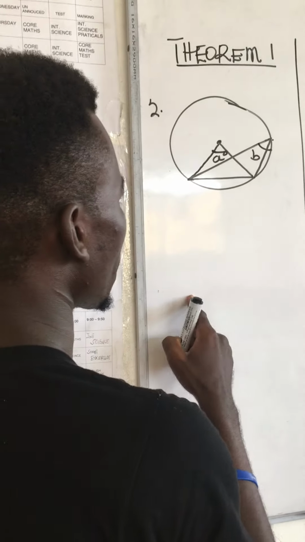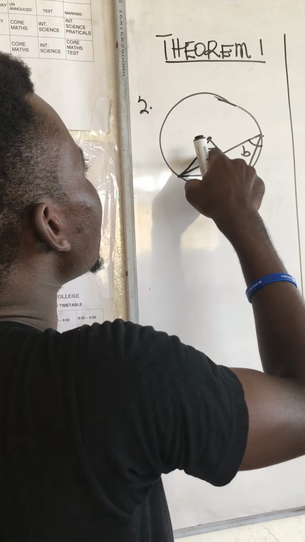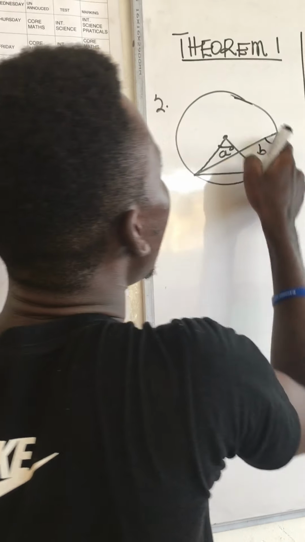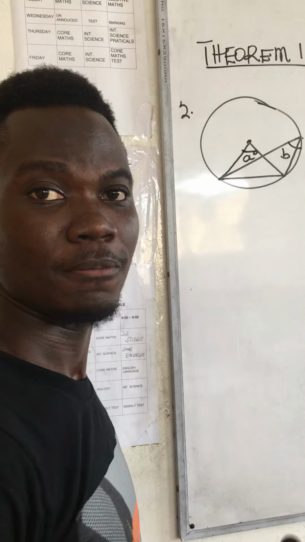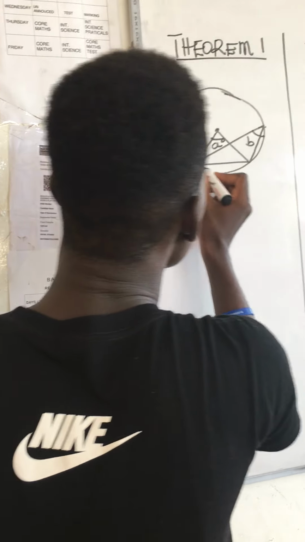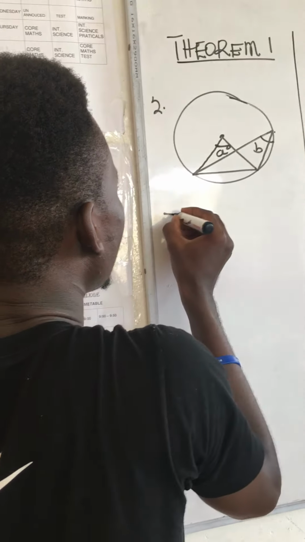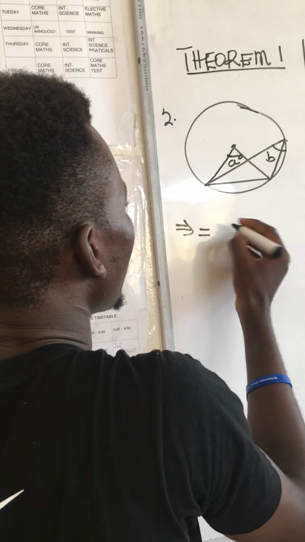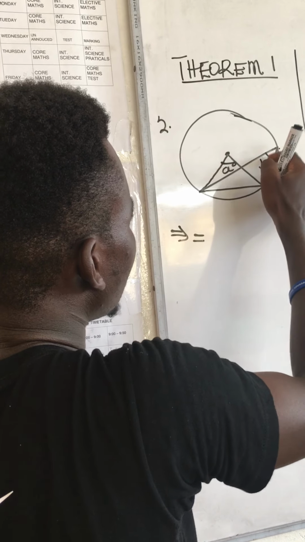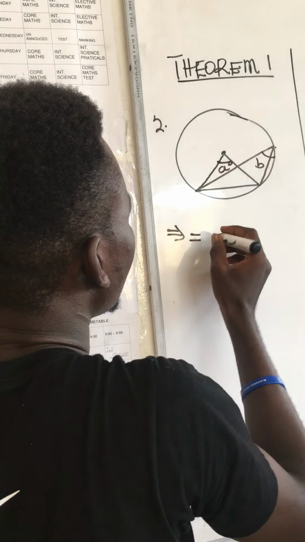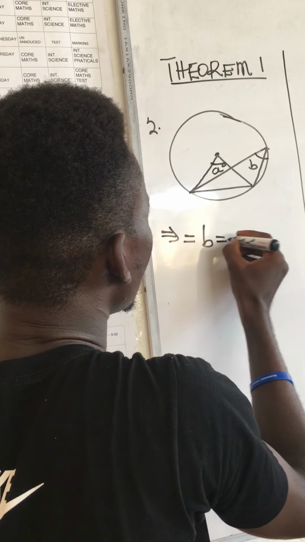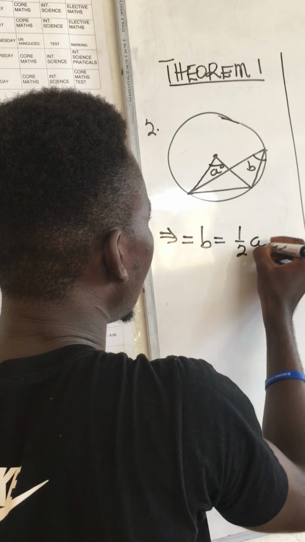Now, if A is here, this diagram is the same as the first one. So with this one, it tells us that if I want to get the top side, which is here, then B will be equal to half of A degrees.